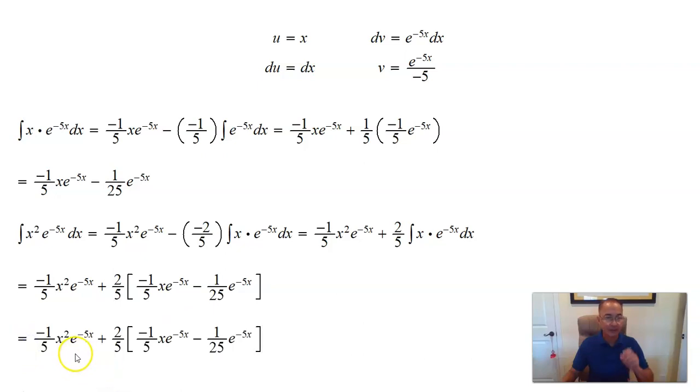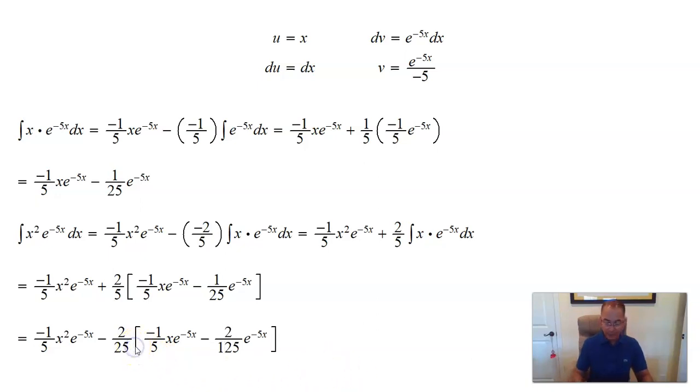Okay, so many things going on here. 2/5 times minus 1/5. So that becomes a minus 2 over 25. Okay, but we have a 2/5 times minus 1 over 25. So that becomes minus 2 over 125.